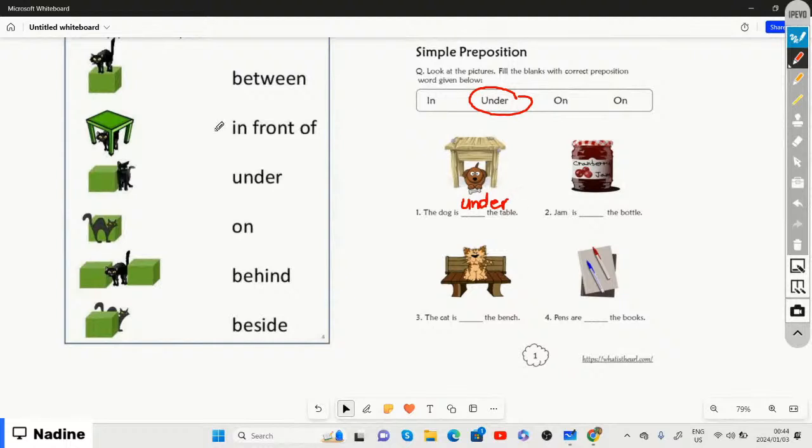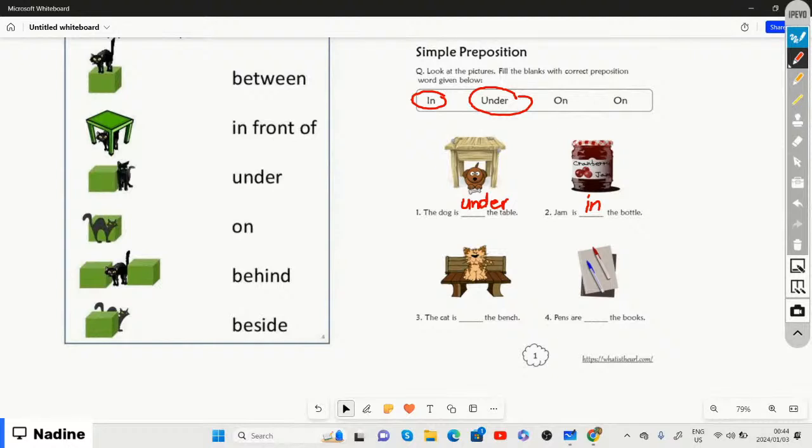All right, so we can then say the jam is in the bottle. So well done. In is correct, right? Because we need to scoop out the jam from the bottle and the jam is in the bottle.